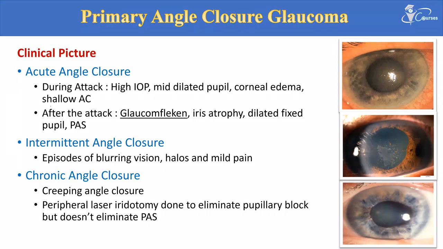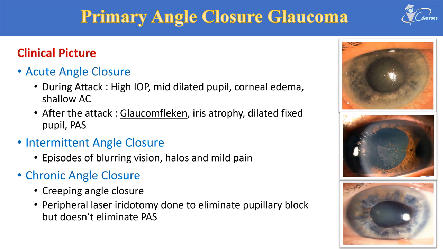Or if a patient presents chronically, those patients have chronic angle closure. They have intermittent angle closure, like successive acute attacks, and they were not managed. They didn't do any prophylactic measure like PI.